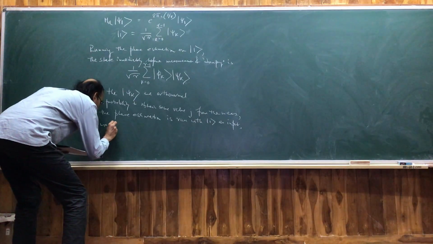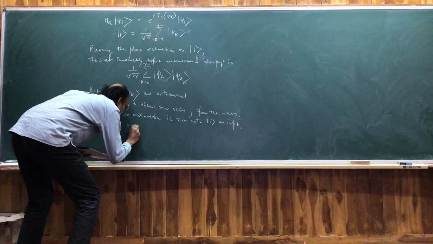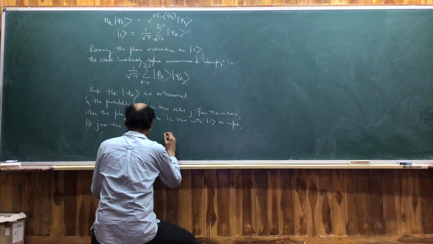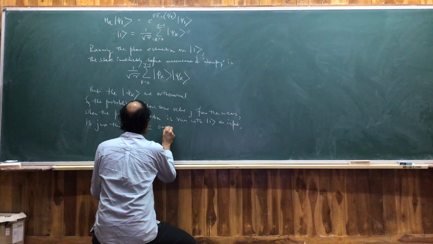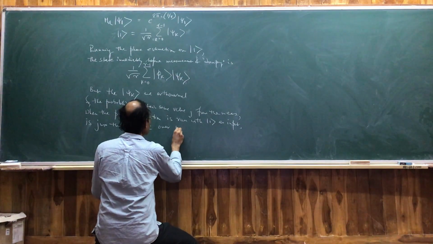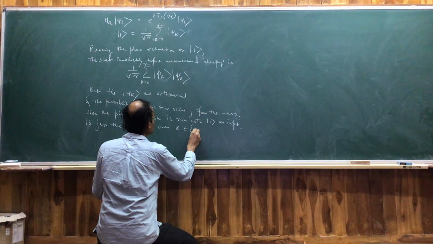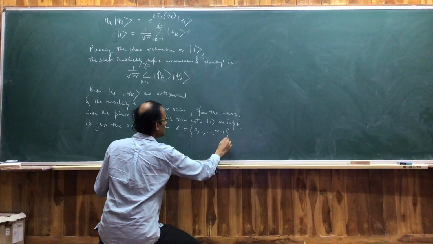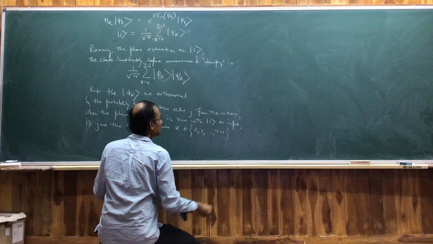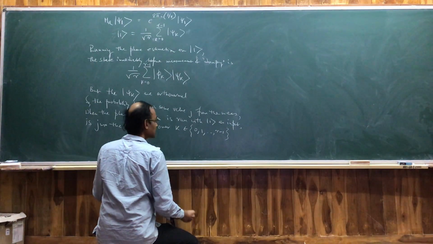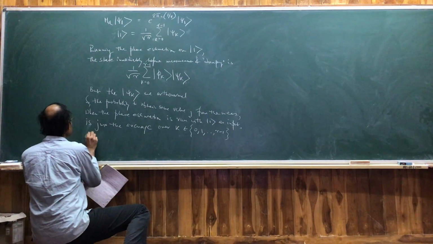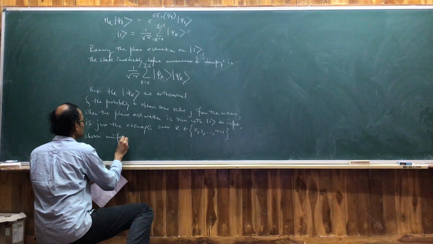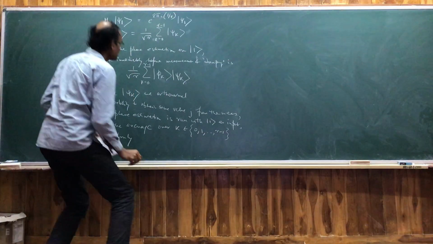It is just the average over k belonging to 0 up to r minus 1, chosen uniformly.